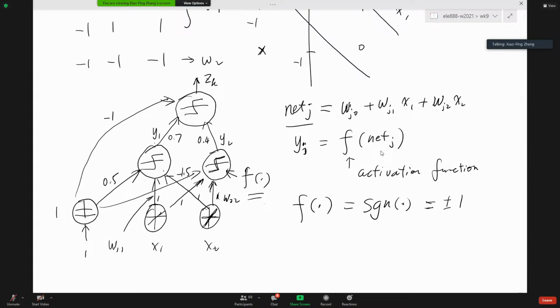We have, in this case, 3 neurons. Each of them has an activation function, but in this particular structure, that function is the same. All those activation functions have the same form, which is defined like this. So you see yj equal to this.